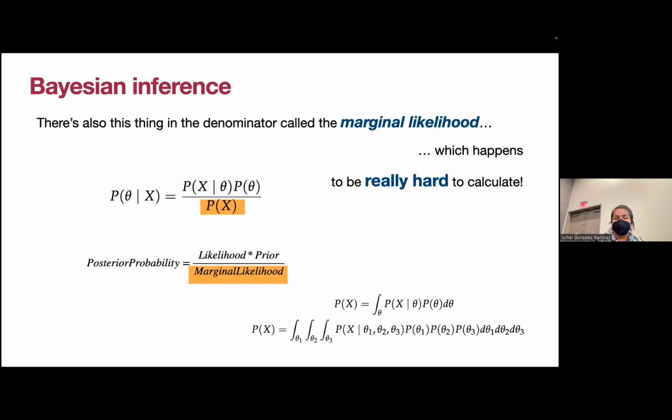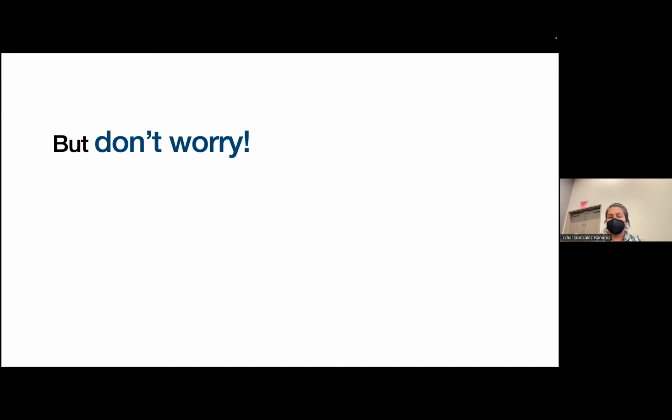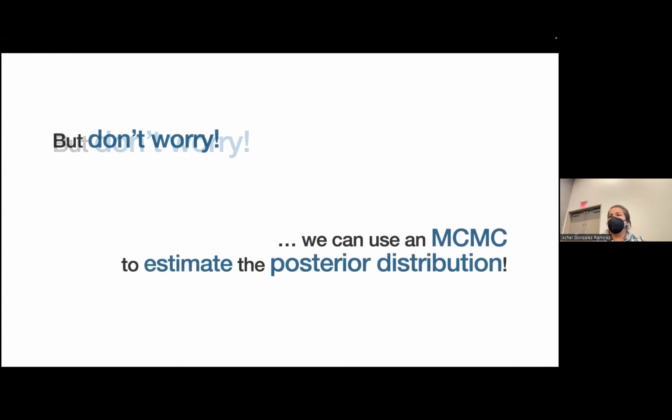But nothing is lost here. Don't worry. This is where we can use MCMC. MCMC comes to save us, and we're not going to estimate the marginal likelihood. We're going to use MCMC to estimate the posterior distribution without needing the marginal likelihood. Okay.